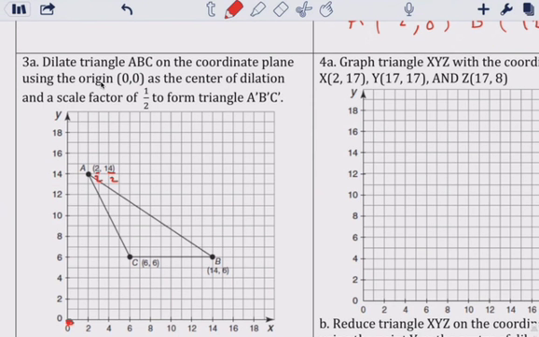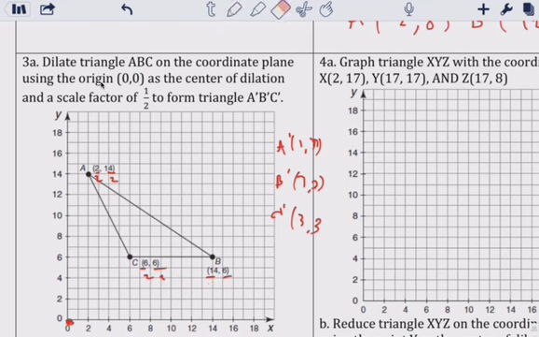If it's whole numbers you multiply, fractions you divide. Okay, so A prime is (1, 7) divided by 2. B prime is (7, 3). C prime is (3, 3) divided by 2.